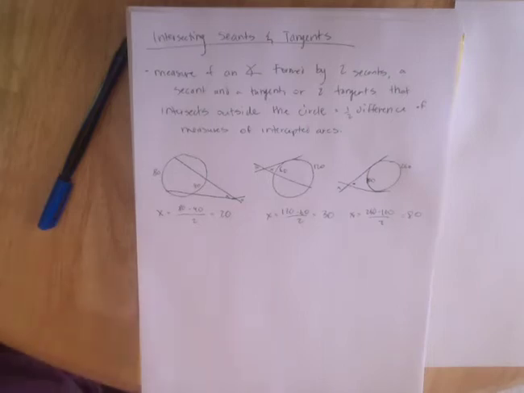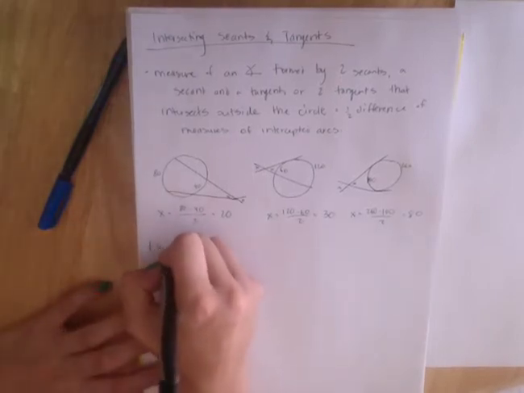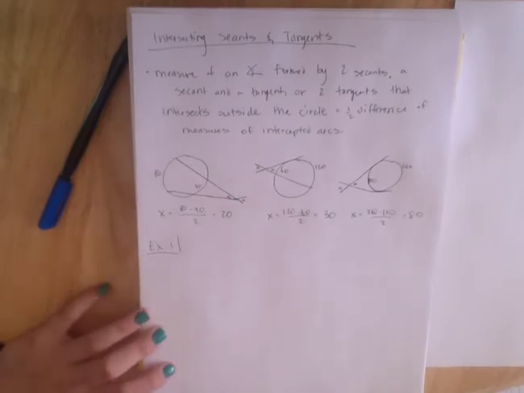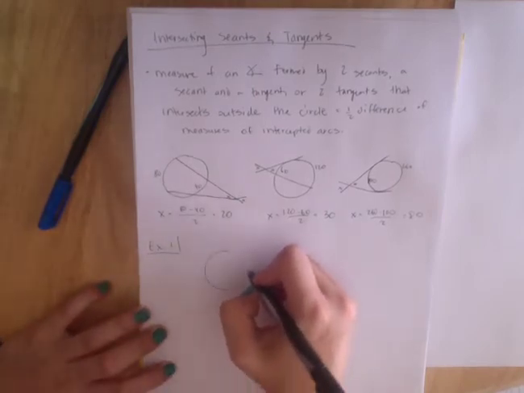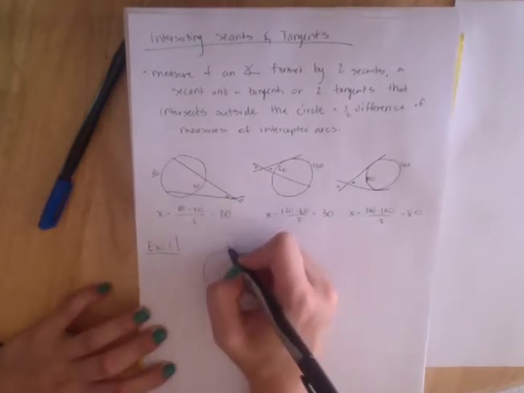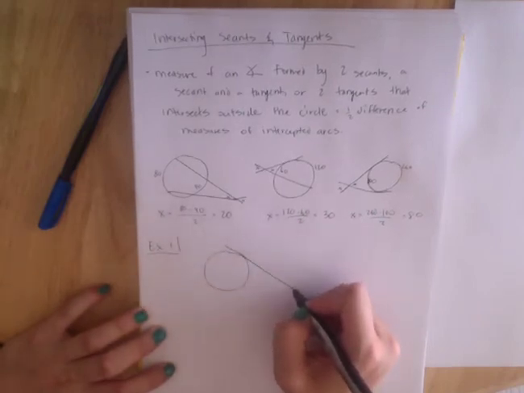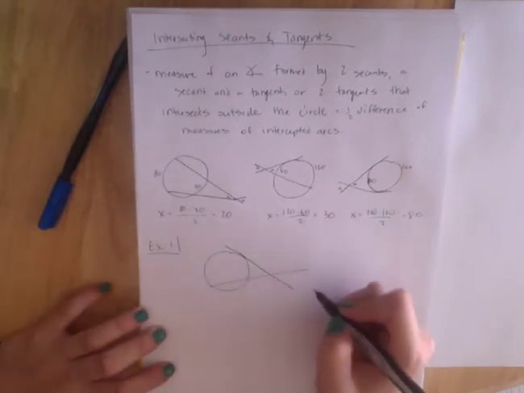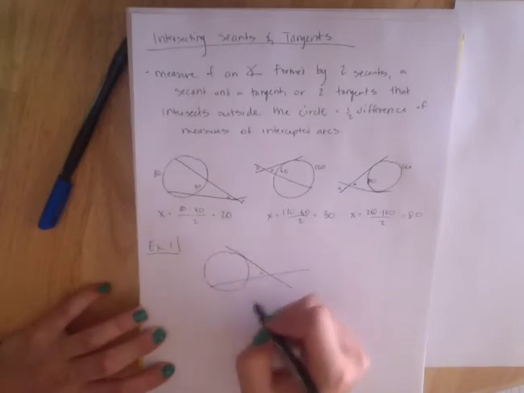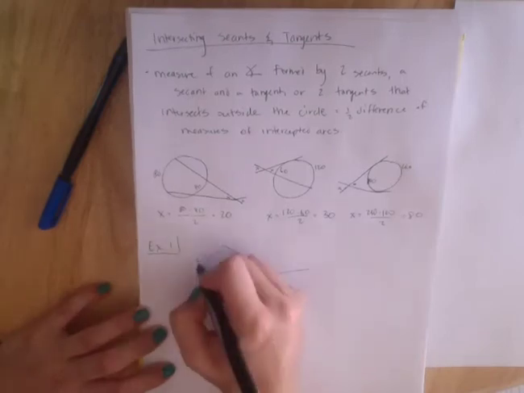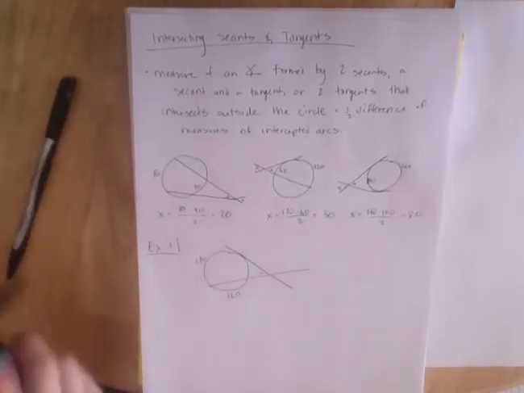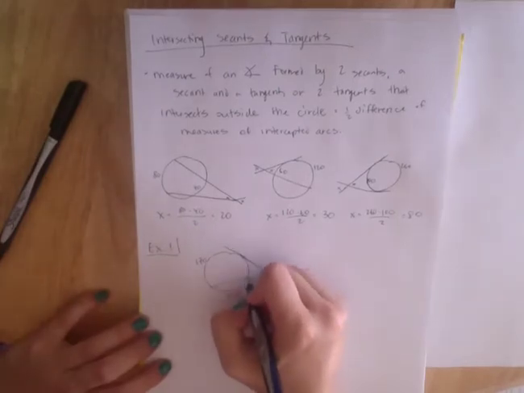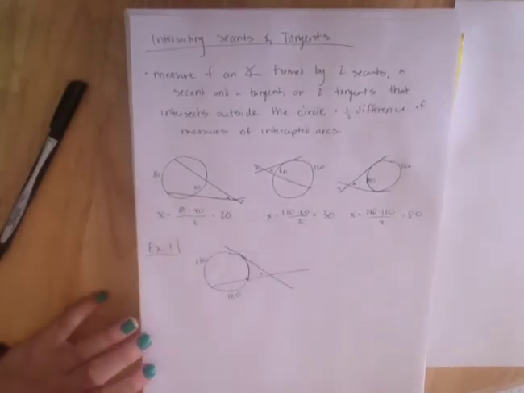Okay, let's do an example just to get some practice. If I have this circle with a tangent and a secant, I say this is x, this is 120, and this is 170. Now normally we want this arc here.